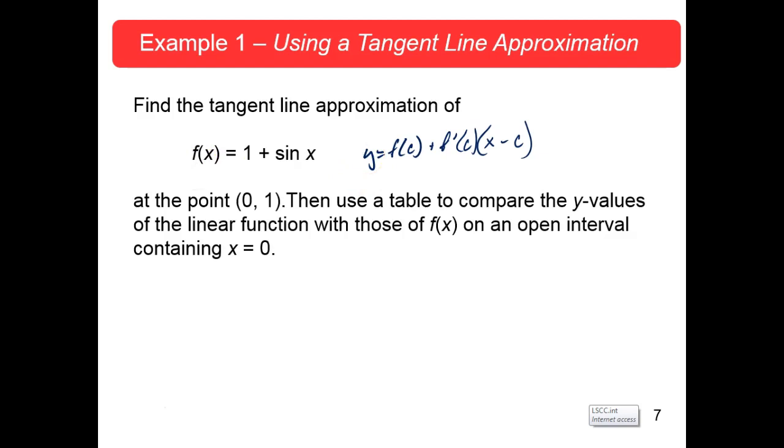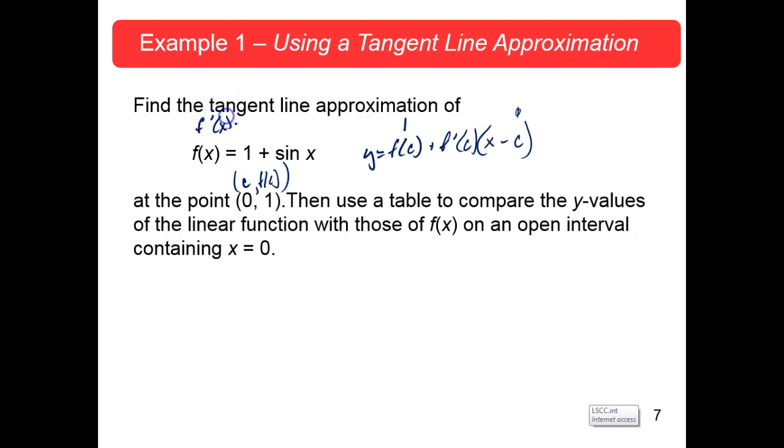Now we know that f of c is equal to 1. F prime of c we haven't determined yet, and c is equal to 0. So f of c is 1 and c is 0. Let's figure out what f prime of c is.